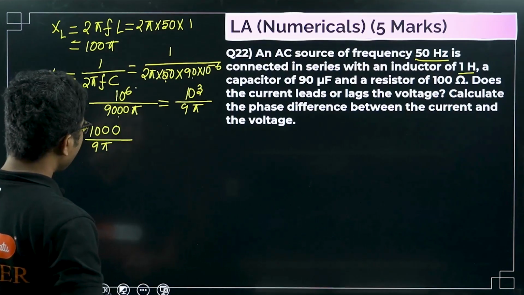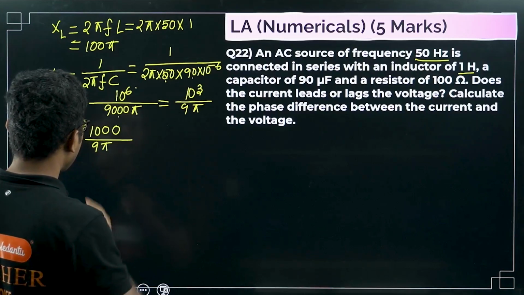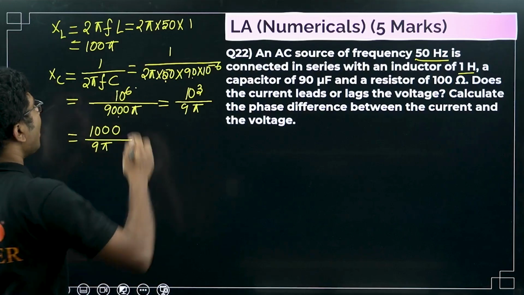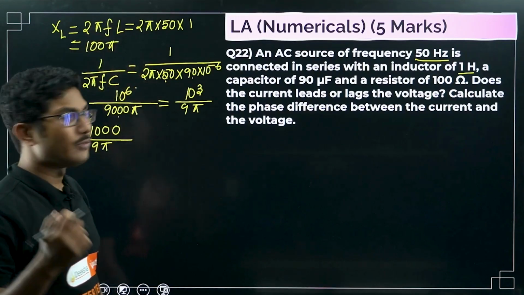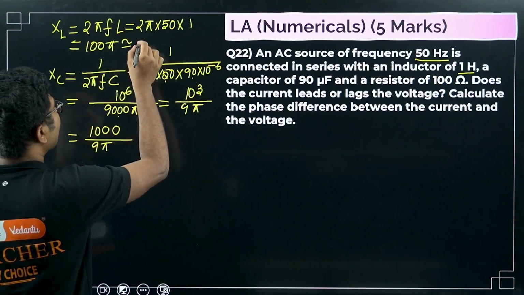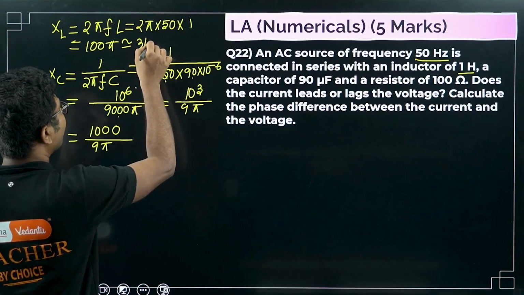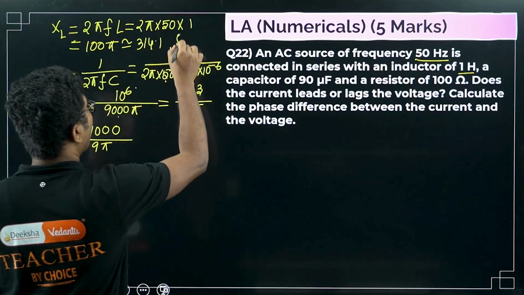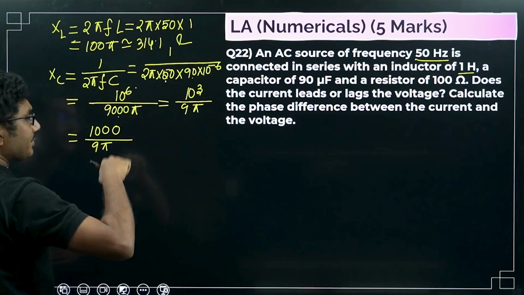So it will be approximately, if you see the approximate value, 100 pi is about 314.1 ohm. And what is the approximate value of this?